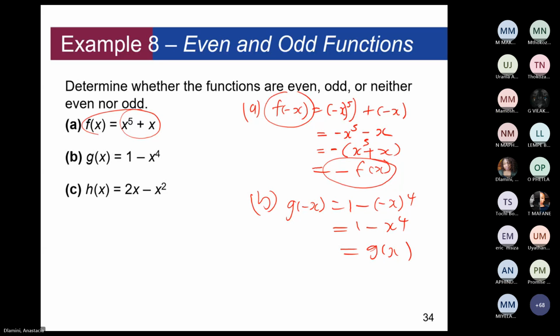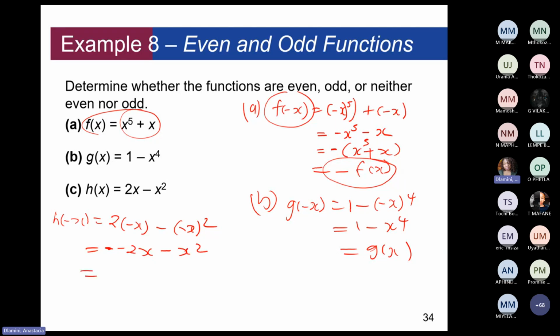Now c. Neither. Why are you saying neither? Are you saying neither because the other one was odd, the other one was even, and you think this one will be neither? Okay, let's see. h of minus x is equal to 2 minus 2x minus x squared.